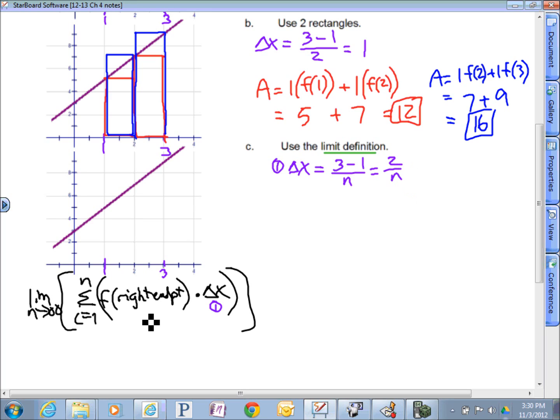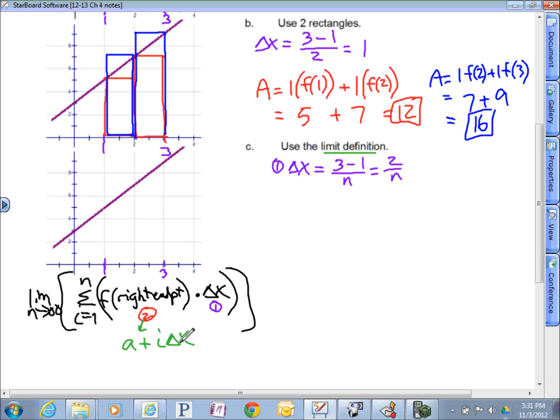The second thing we're going to do is come up with what the right endpoint is. Not f of the right endpoint, but what the right endpoint is. The right endpoint is always going to be, as I wrote down in the last video, a plus i times change in x. What's a? A is always the left bound. What's the left bound in this problem? It's 1. What's change in x?